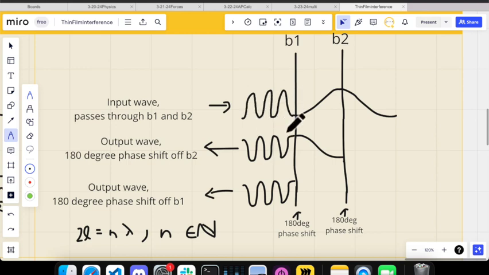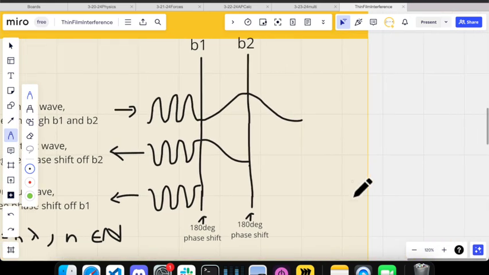And so if we want constructive interference, we want to end up with a wave that does the same thing. It's 180 degrees out of phase with the initial. So again, if we think about how to construct this wave, we know there are going to be two phase shifts.